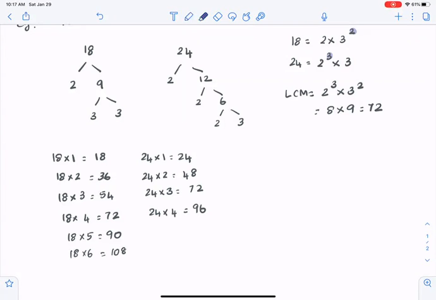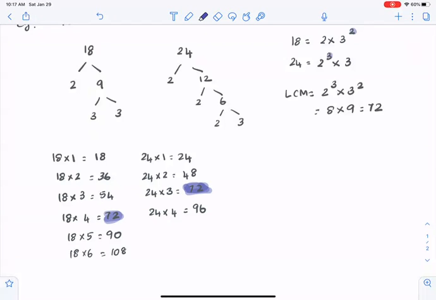If you look at this, 18 is not a multiple of both. 36 is not a multiple that appears in both. Neither does 54 or 48, but 72 appears in both cases.